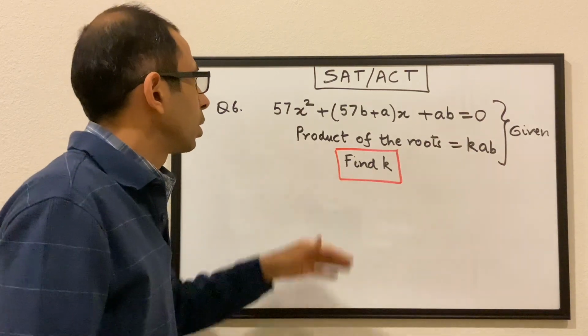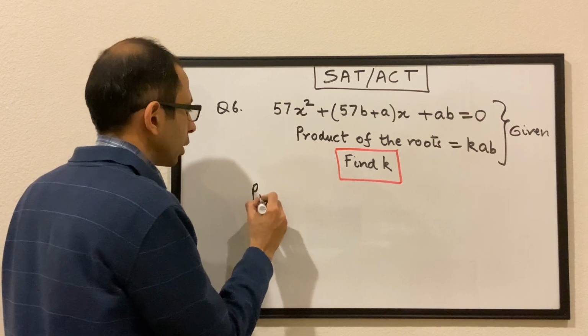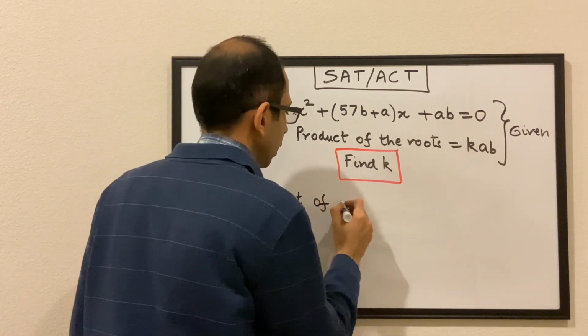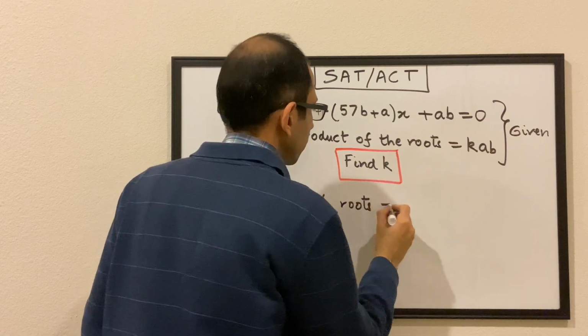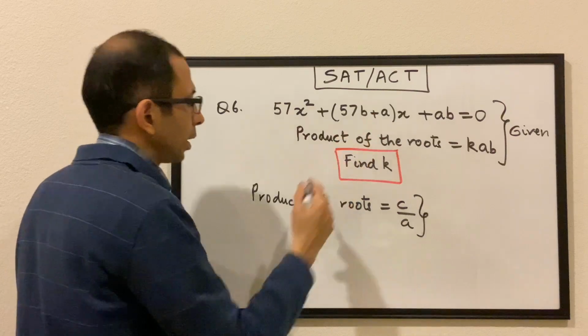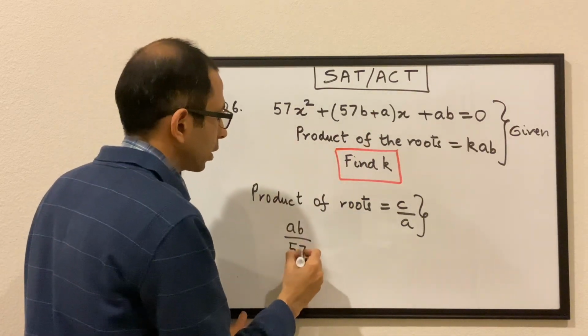Pretty straightforward question. We know that the product of the roots of a quadratic equation is given by c over a, right? In this case it will be ab over 57, right?